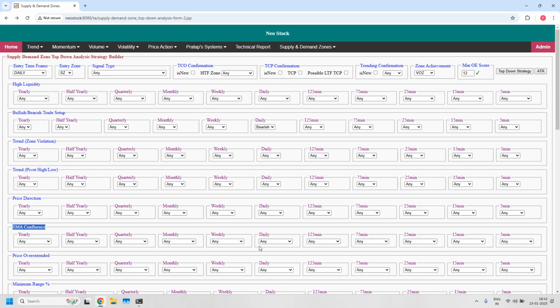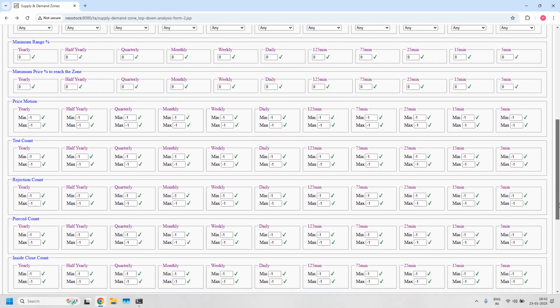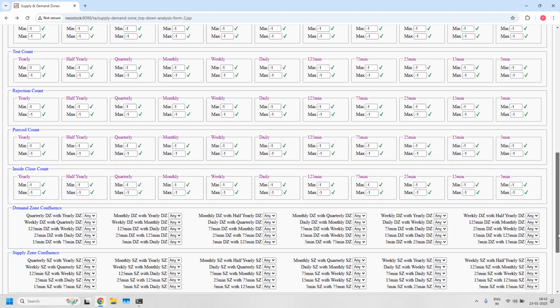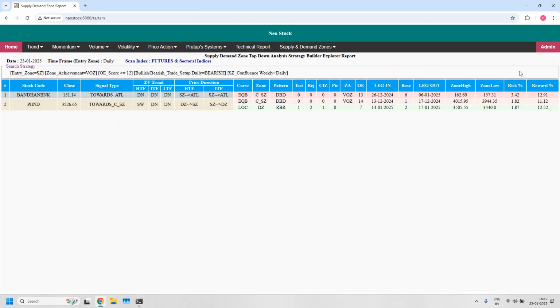So in the EMA confluence, we have to look for supply zone confluence first. In the supply zone confluence, I am setting the filter daily supply zone with weekly supply zone confluence, LTF, ITF supply zone confluence. So both the stocks are filtered. That means in both these stocks, these daily supply zones are part of the weekly supply zone. And the first stock is a downtrend.